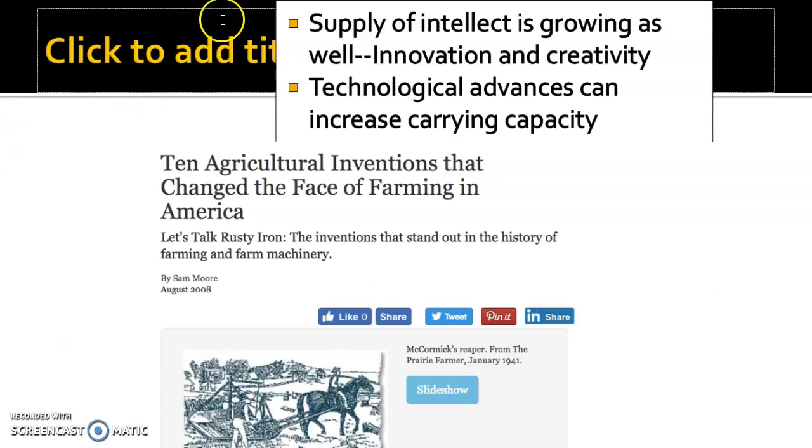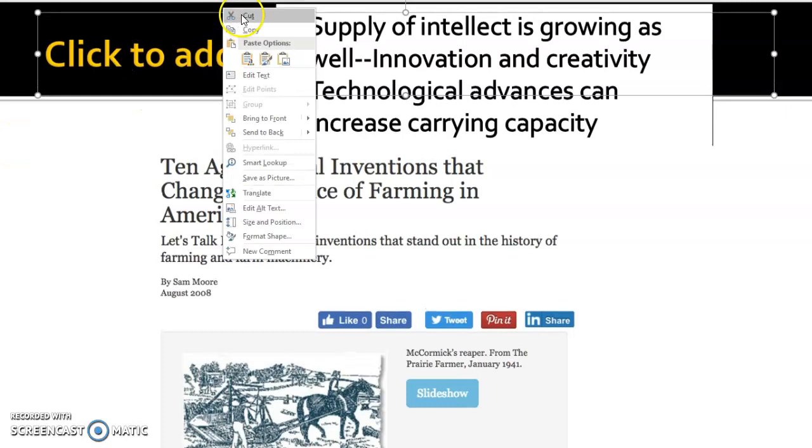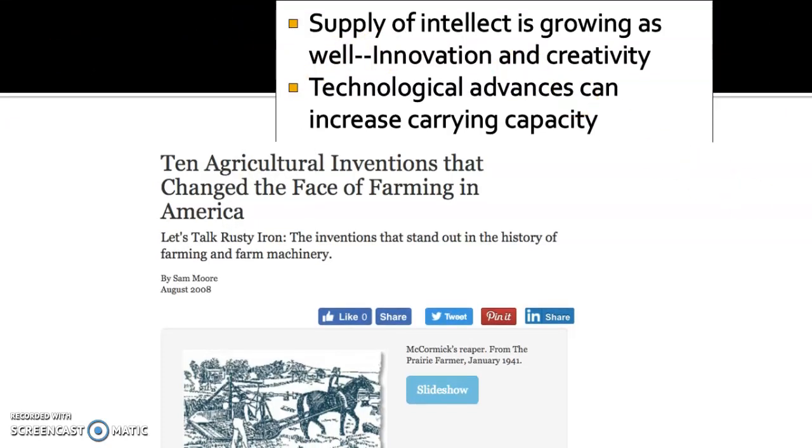The idea, though, is that maybe not, in the sense that because of the growth in technology, innovation, and creativity, technological advances can increase carrying capacity. So we think about some of the inventions that people have come up with that have changed the face of farming and food production.